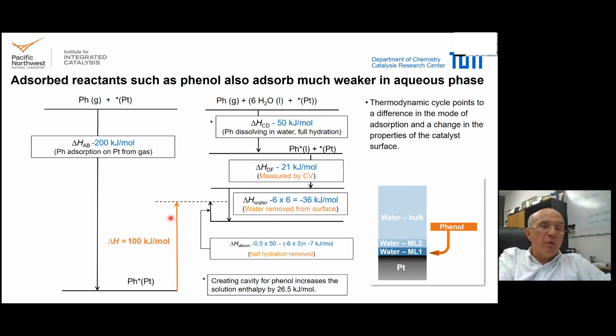Depending on whom you talk to, this is between 80 and 100 kilojoules per mole. This large difference has to be the result of either a very different stabilization of the molecule or a change in the properties of the metal itself. So both will, as I will show you, play a role, both the stabilization as well as the electronic change in the metal.